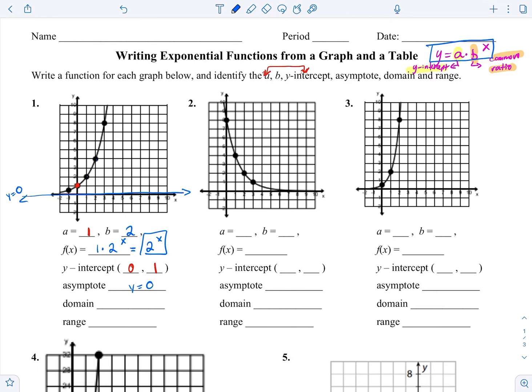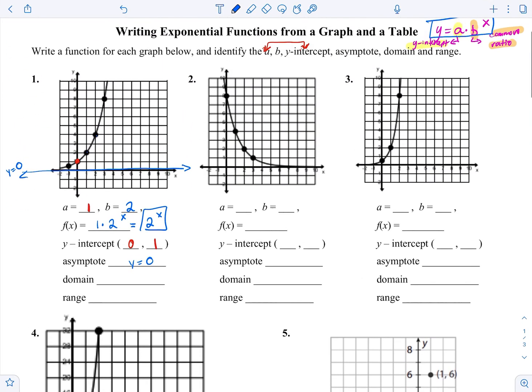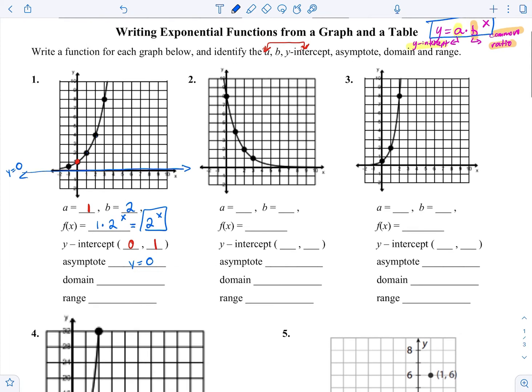Our domain, there's definitely not arrows for endpoints. So we're going to practice finding our domain and range, given that these are endpoints and not arrows at the end of the graph. So we start here for the domain. Remember, domain is dealing with x.